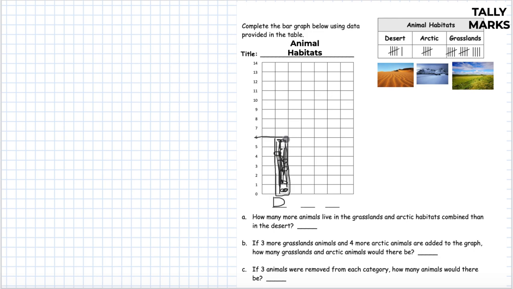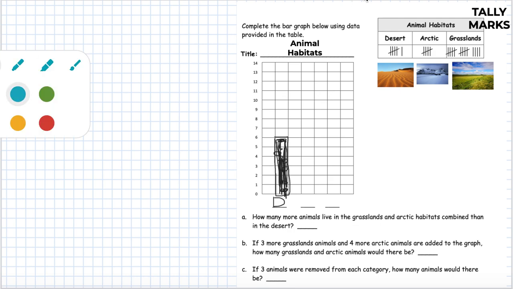So now I'm going to go ahead and shade it in. And the reason we call it a bar graph is because right here, here's a bar symbolizing how many animals live in the desert.